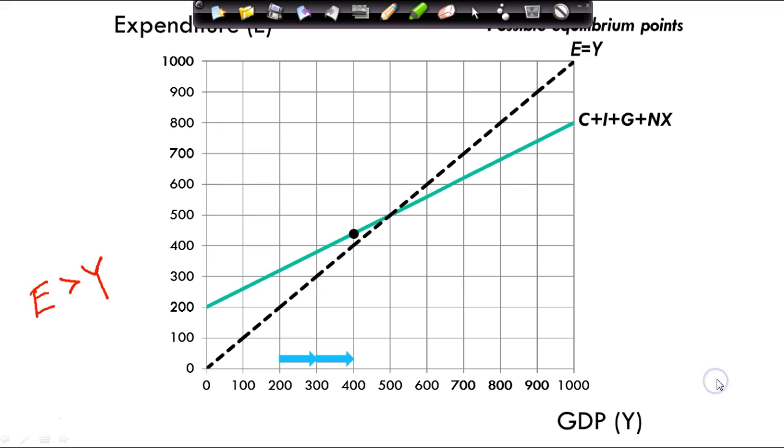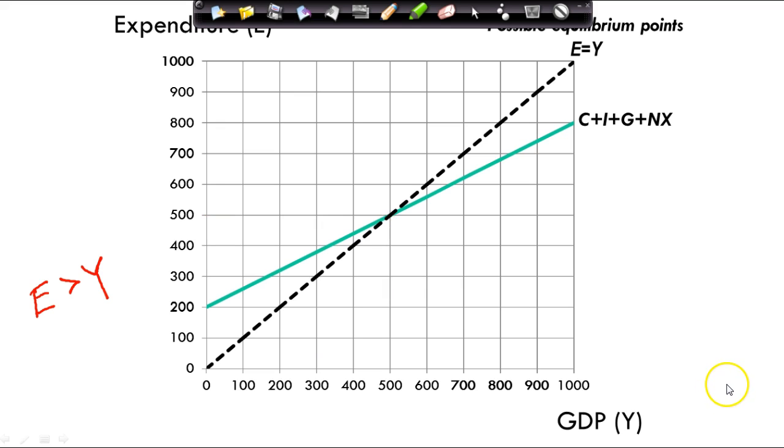Higher incomes, higher expenditure. But again, we can still see that expenditure is greater than income, so firms increase production again, incomes rise, expenditure rises in reaction until we get to this point here where the total expenditure equals total production, income, and there's no incentive on the part of firms to increase production any further than that.